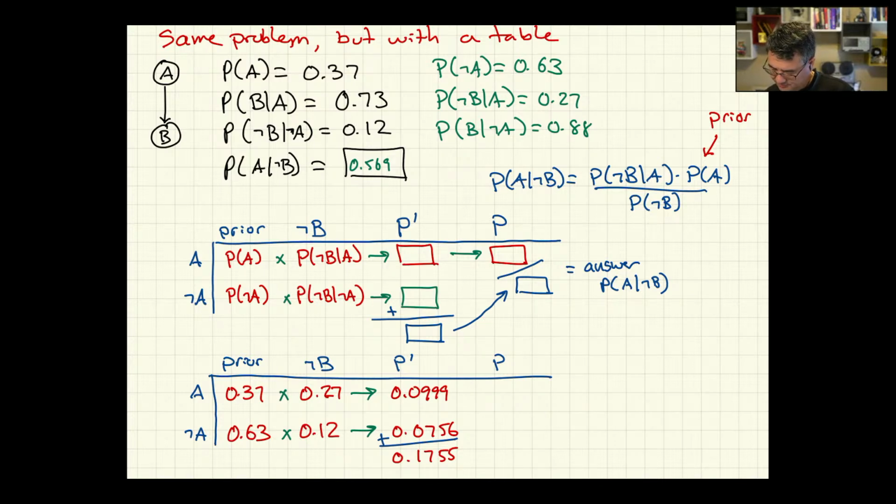Okay, last step. 0.0999 divided by 0.1755. So I just brought this number over, and I brought this number up. Then when I do the calculation on my calculator, I already know I'm going to get the same answer. I'm going to get 0.569.